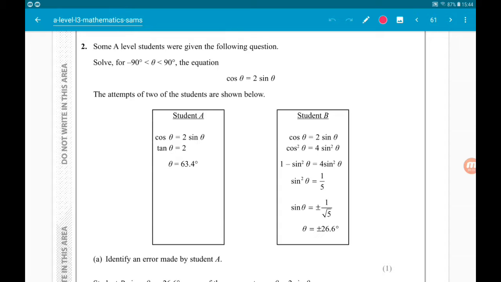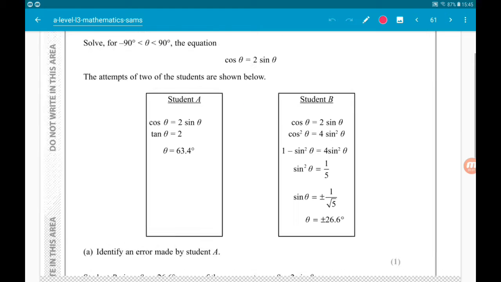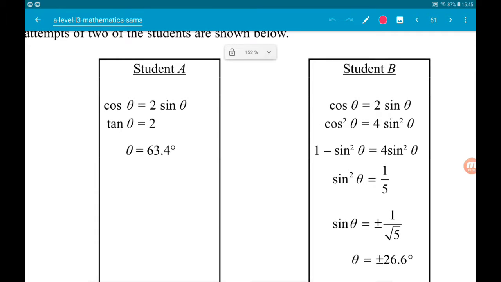Part A says to identify an error made by student A. So, if we look at what student A has done, they've started cos of theta equals 2 sine theta, and then they've divided through by sine and got tan of theta is equal to 2.